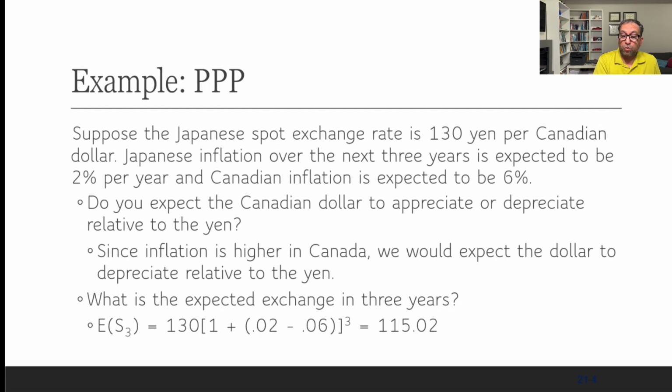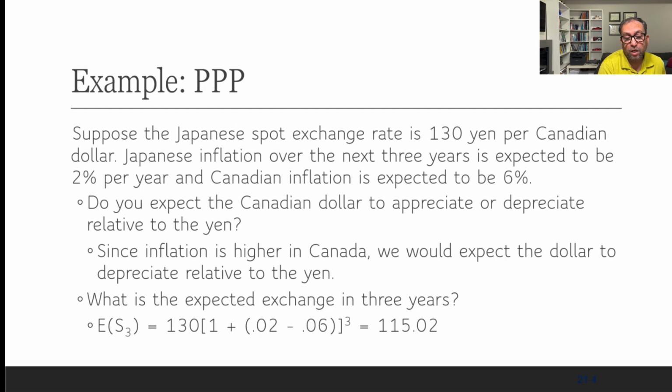We just discussed the formula: the expected rate under relative purchasing power parity is equal to the spot rate times 1 plus the inflation rate in Japan minus the inflation rate in Canada, to the exponent of the time period, 3. If we apply this formula, 130 is the spot rate, 1 plus 2% in Japan, 6% in Canada, and the exponent is 3.